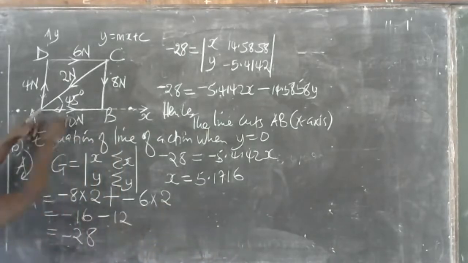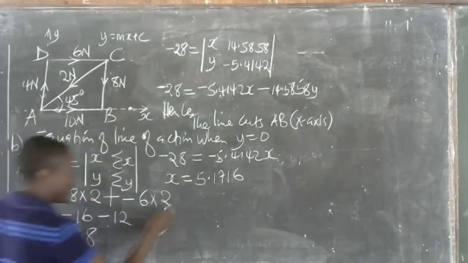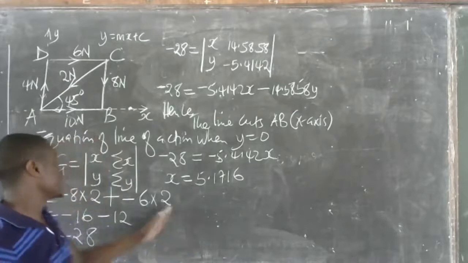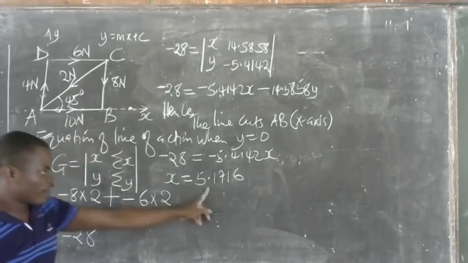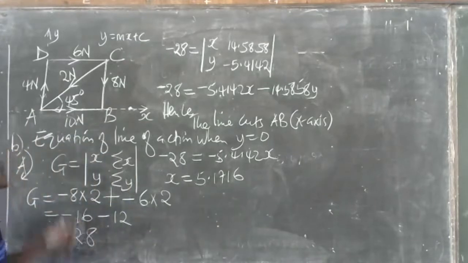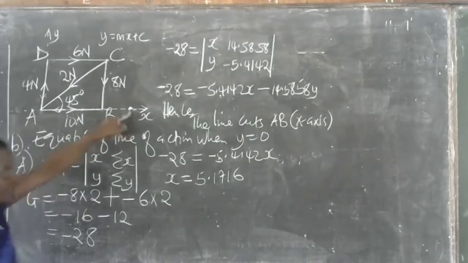So the point is here, we said therefore, the line of action cuts AB at 5.1716 units from A along AB produced.